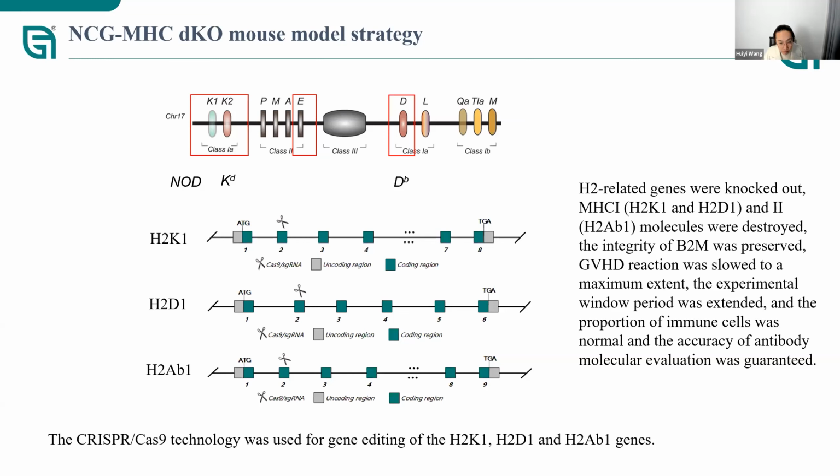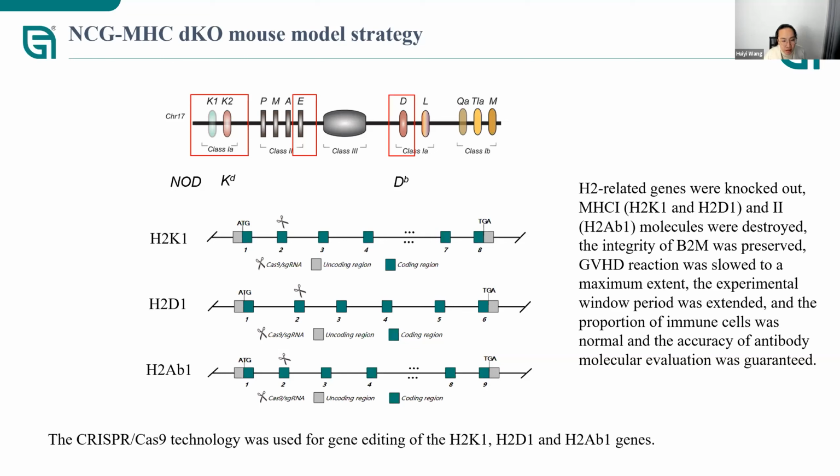The H2 related genes were knocked out, which means the MHC1 and MHC2 molecules will be destroyed, the integrity of B2M was preserved, and the GVHD reaction was slowed to a maximum extent.